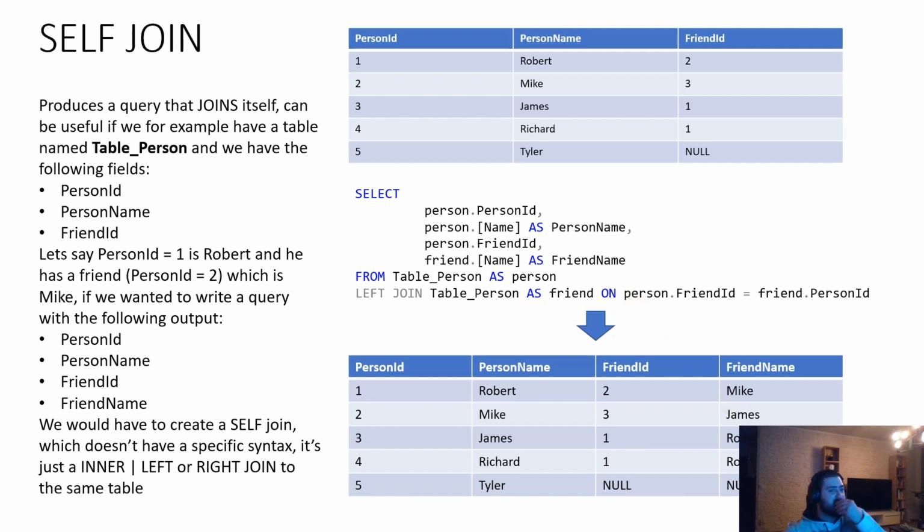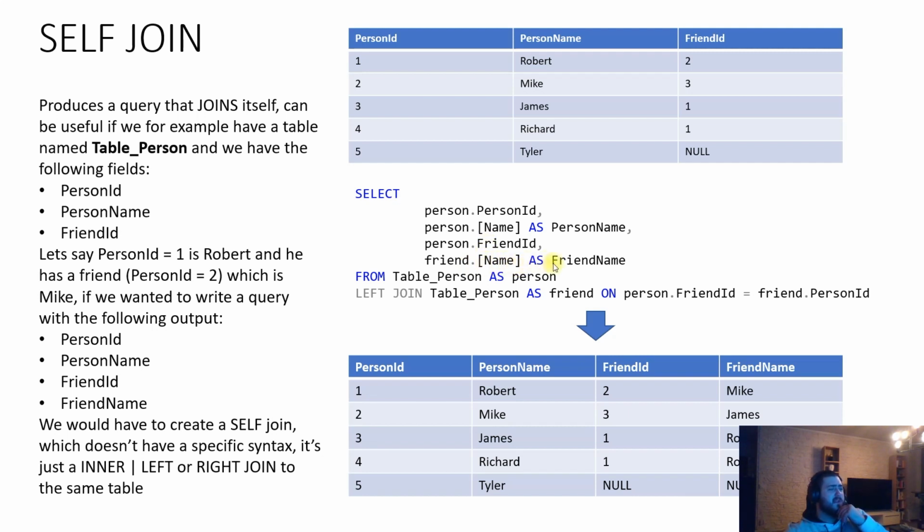And so we can join on the person's friend ID. It's going to match the friend's person ID. So in this case, we're saying, give me the person ID, person.name, and I'm giving an alias to person name, because from the friend table, the alias, we still have the same name for every column, right?